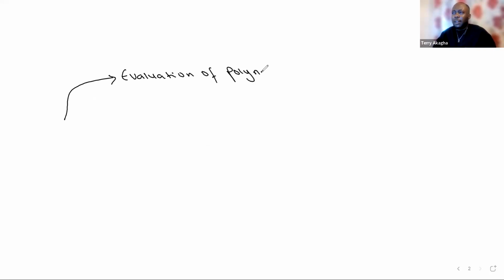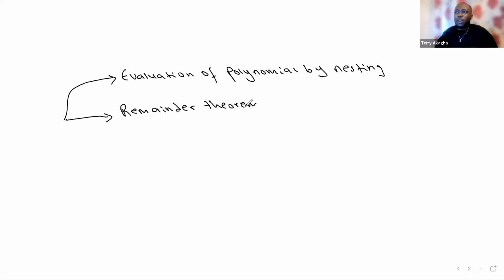When I'm done with that, the next thing I'll talk about is the remainder theorem, after the evaluation by nesting, because it's going to set the stage for when I go to long division.